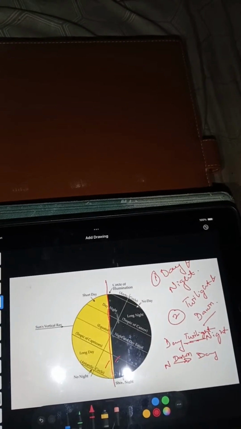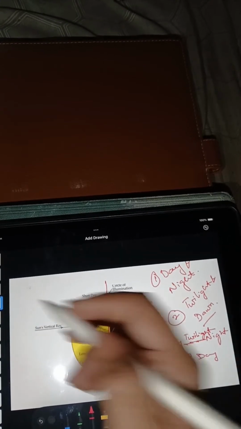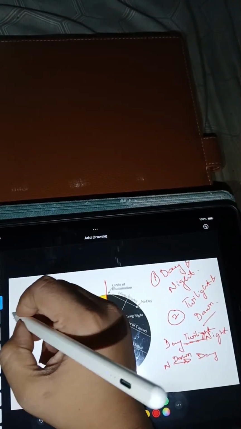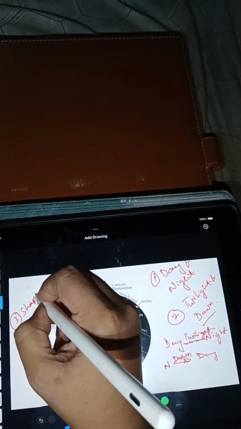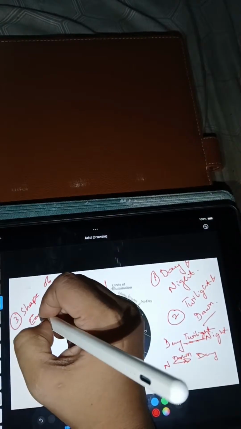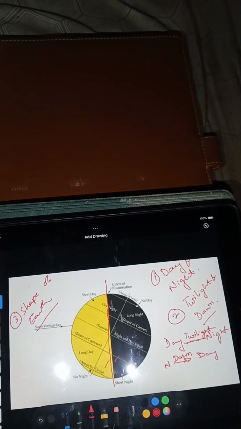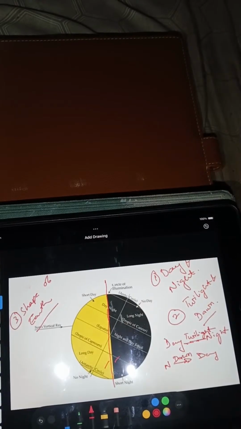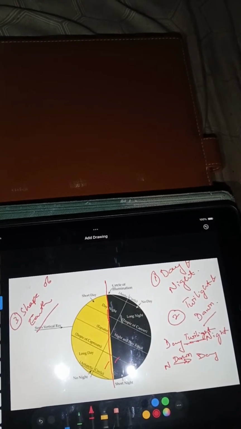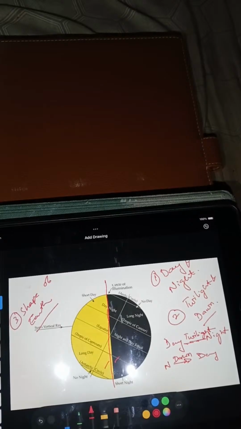For years these gases cooled down, and it helped in the formation of the earth.